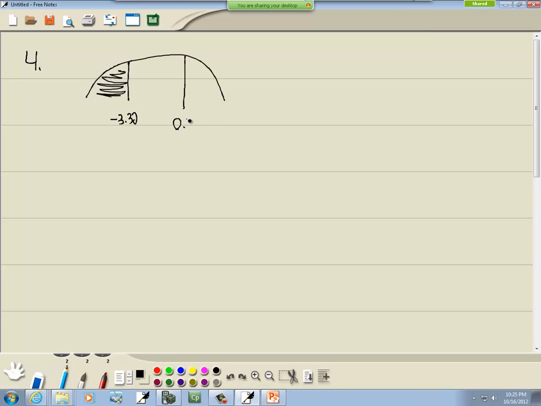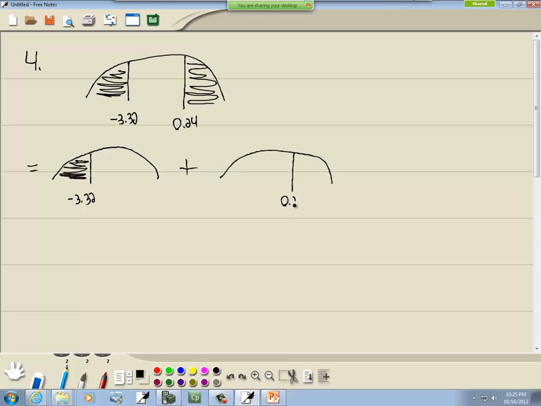So here's 0.24, and to the right of that. Okay, well, I can split this up. This one's easy. The area to the left of that's already in a perfect form to look up in our table. Plus, and then we're trying to find this right here.